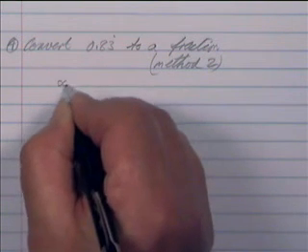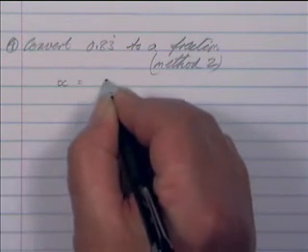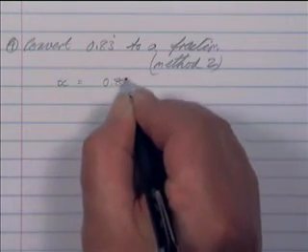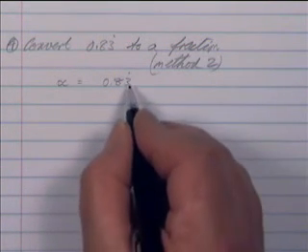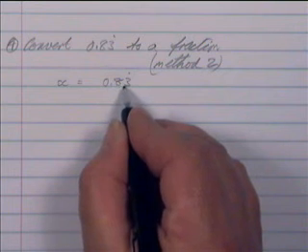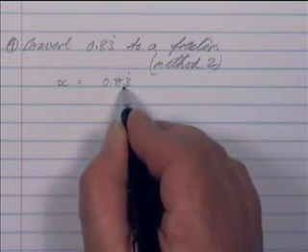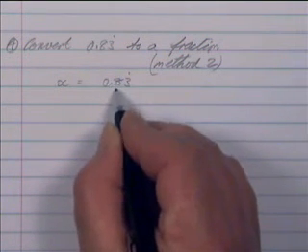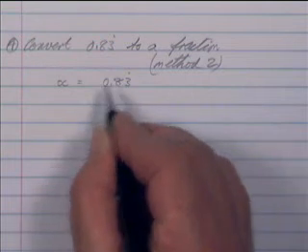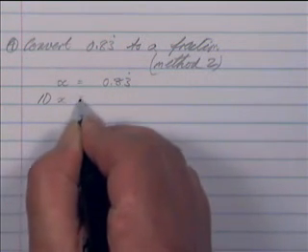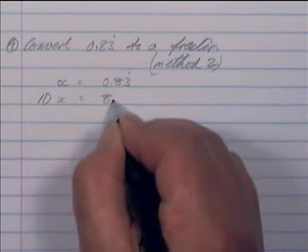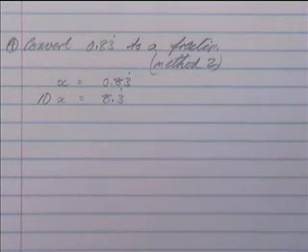Again, I'm going to write that x equals 0.83 recurring. Now I want to change this so that I've got 0.3 recurring. So I've got to move the decimal point to there, so that means multiply by 10. So 10x equals 8.3 recurring.